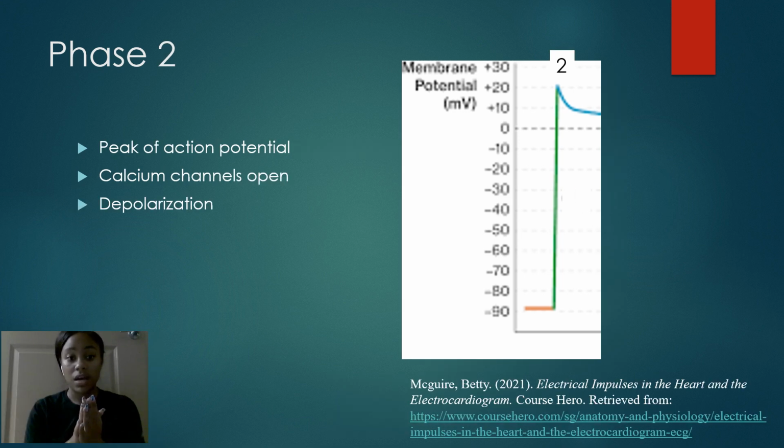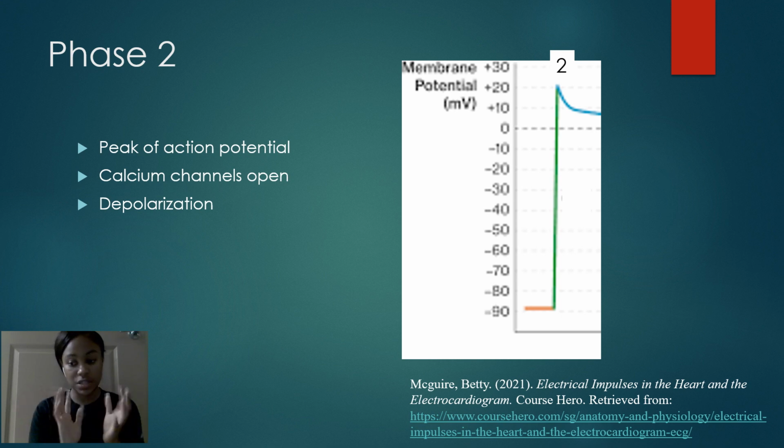And then phase two, which is the peak of the action potential. During this phase, there is a decrease in the permeability of sodium in the plasma membrane, because the gates are starting to close.